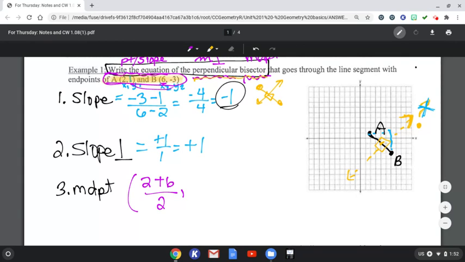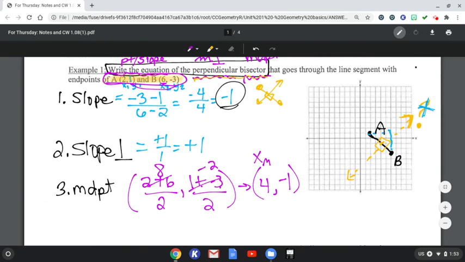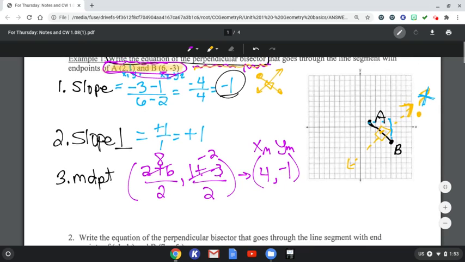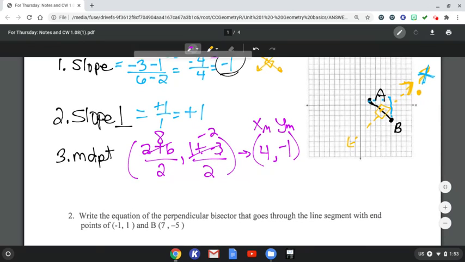And then 1 plus -3 divided by 2 gives us the midpoint: 2 plus 6 is 8 divided by 2 is 4, and 1 plus -3 is -2 divided by 2 is -1. So that's our x value for the midpoint and the y value for the midpoint. Those little m's just note that it's the x of the midpoint and the y of the midpoint.